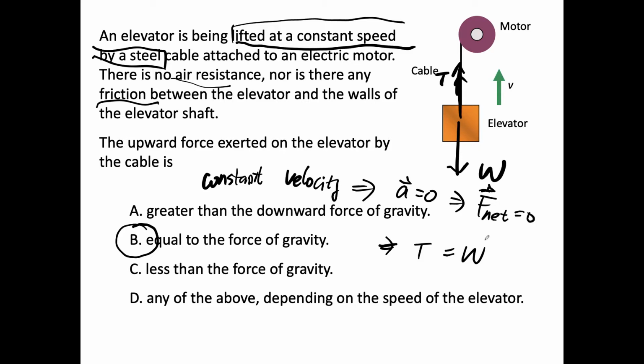Some of us might still wonder, how does the elevator go up if the net force is 0? Of course, if the elevator starts from rest on the first floor, then it intends to change its state from at rest to moving up.